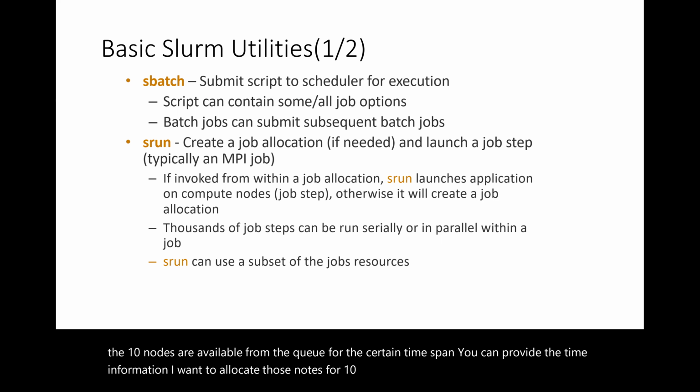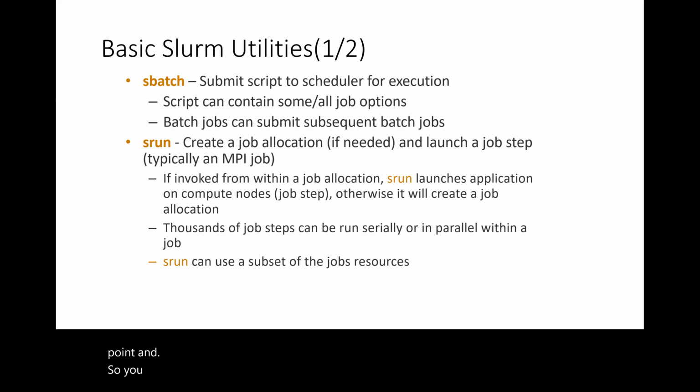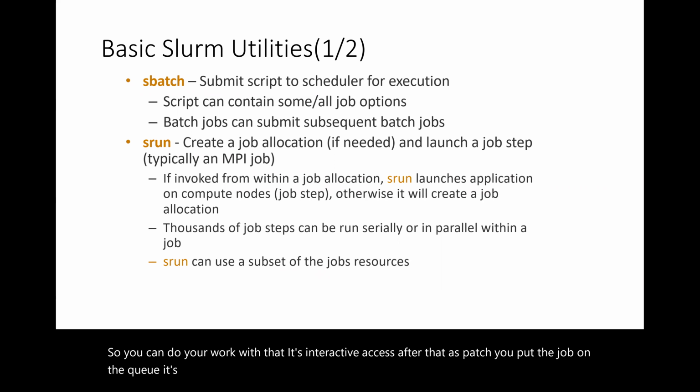If the nodes are available and you're the next user who can get them, then you get unblocked at some point, and you can do your work with that. It's interactive access afterward. With sbatch, you put the job on the queue, it runs at some point, but you're unblocked and you just don't get the result.